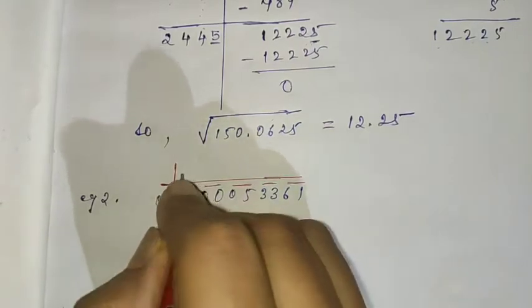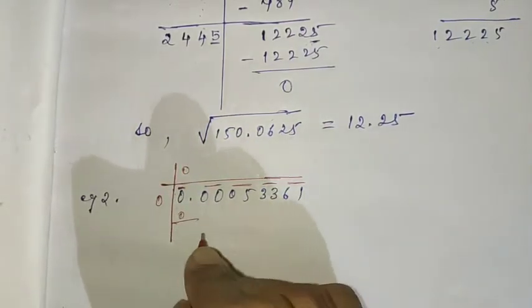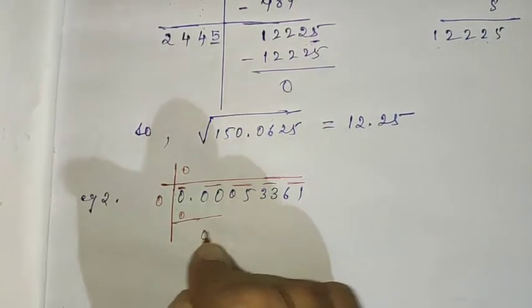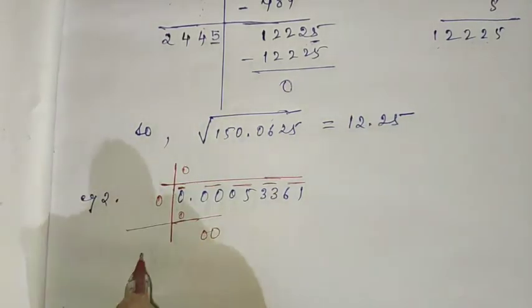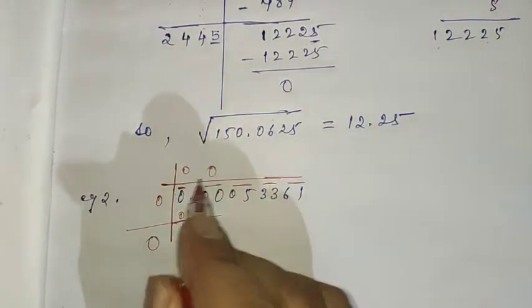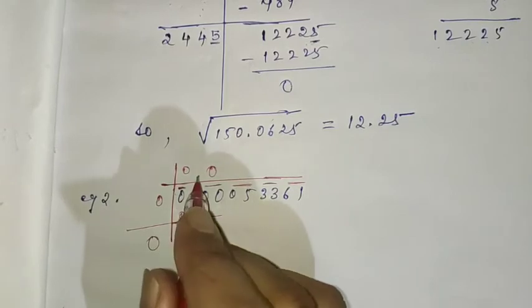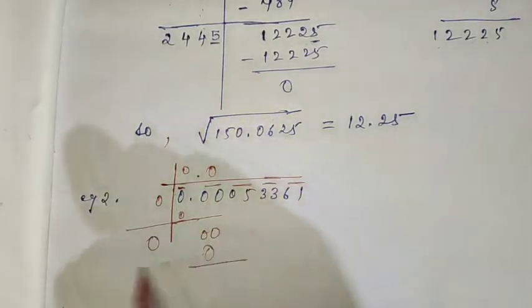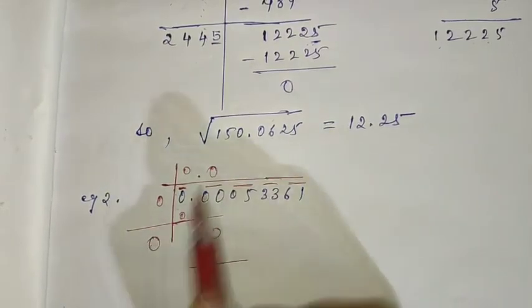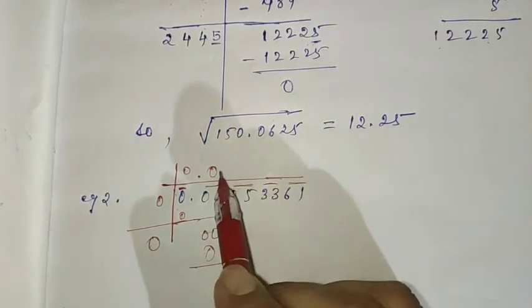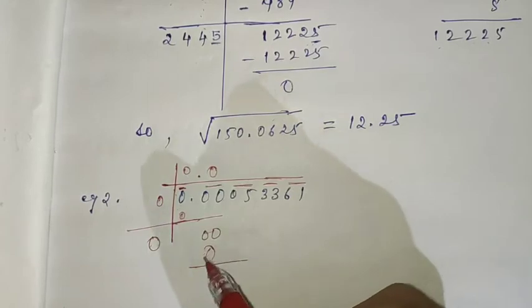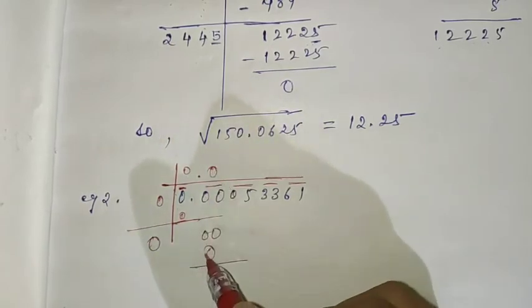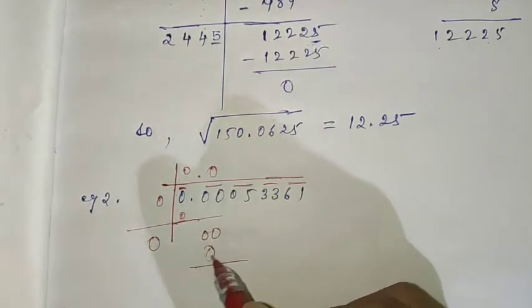We'll get 0, 0 is a 0, and then these 2 zeros will come down. Again 0, 0 is 0. We have crossed the decimal, so we will put a decimal over here. 0, 0 is again a 0. Now the important thing is that for these 2 zeros I will place a single 0, not 2 zeros over here, because 0 multiplied with 0, you can put as many zeros, no problem in that.